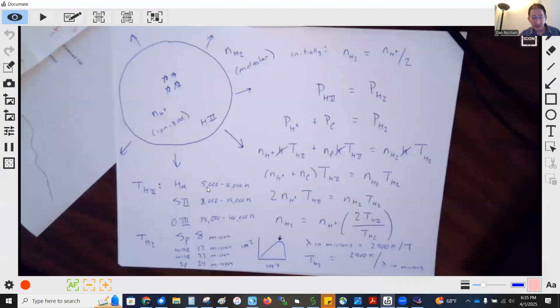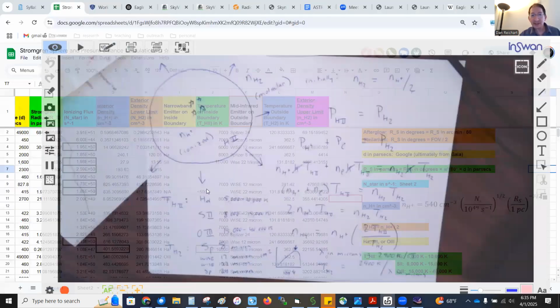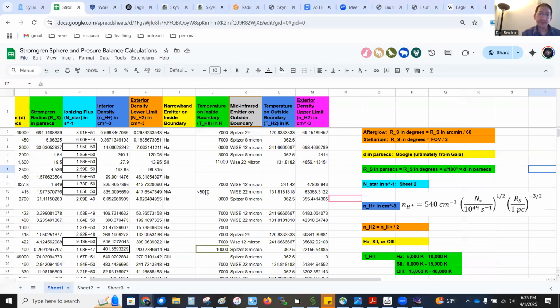Remember, H alpha emits from 5 to 10,000. If you don't see any of these things, it means the temperature is less than 5,000. In that case, you're going to calculate a limit. But for most of these, we have some emission, mostly in the H alpha. That's implying a temperature in the 5 to 10,000 range, perhaps on the lower side. So we see a lot of temperatures below 10,000.